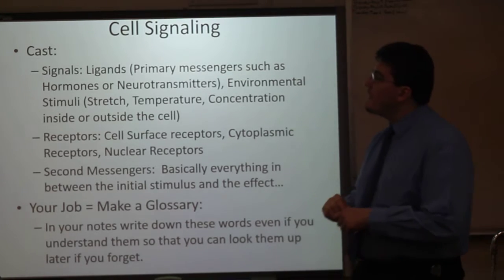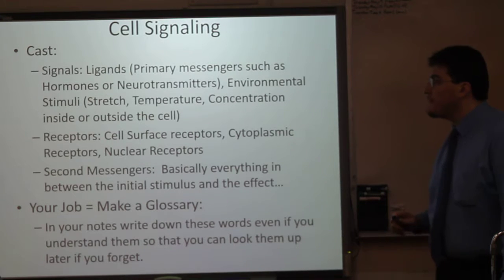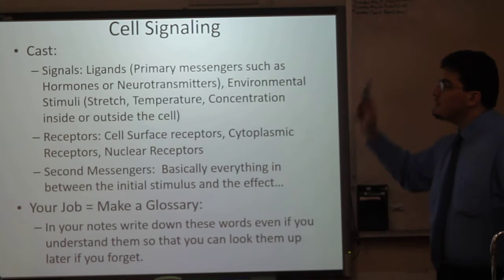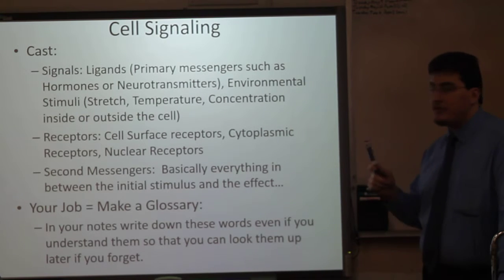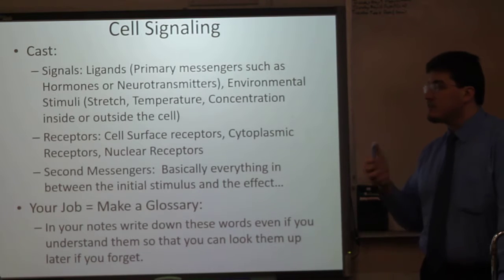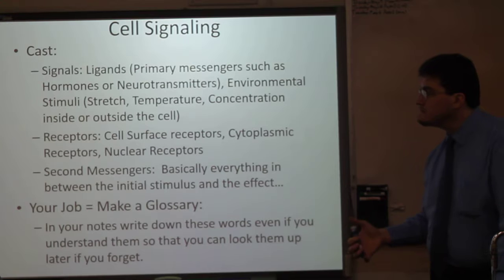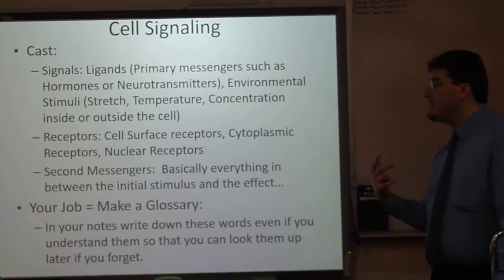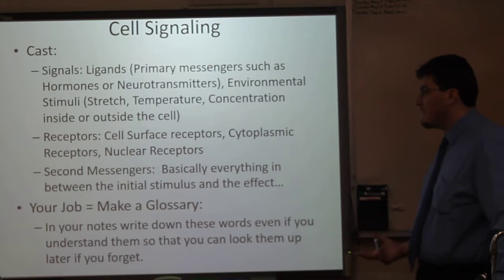Our signals are going to be ligands or environmental stimuli. So ligands are primary messengers, like hormones and neurotransmitters. They might also be environmental stimuli, like stretch or temperature or concentration inside or outside the cell. My receptors are going to be cell surface membrane receptors. These are going to be proteins on the cell surface.